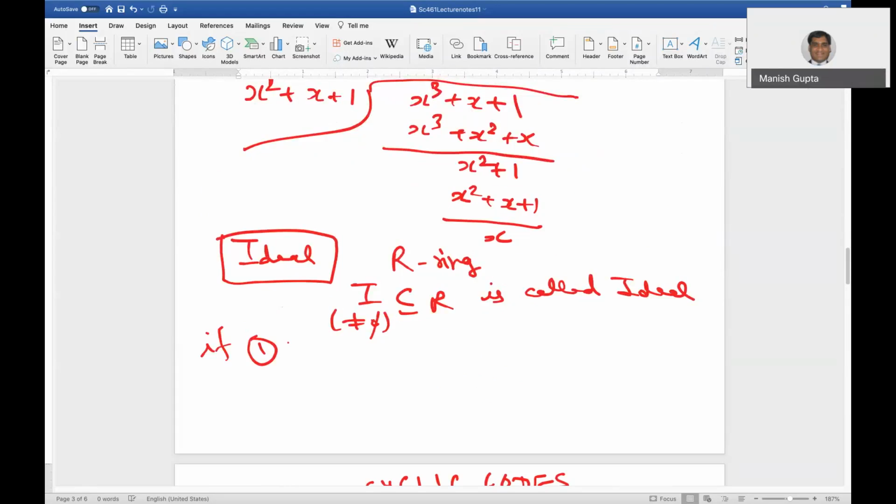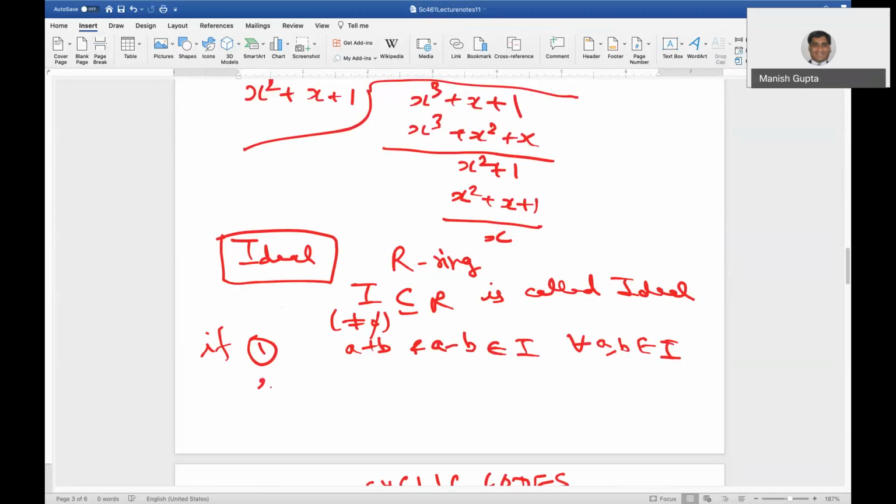First, a plus b and a minus b belong to I for every a, b in I. If you take any two arbitrary elements of the set I and you add them and subtract them, you are in I itself.